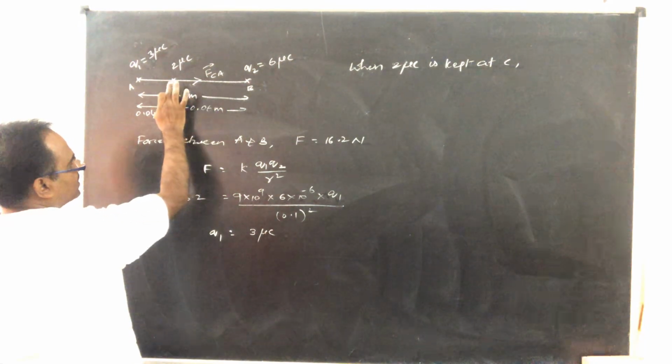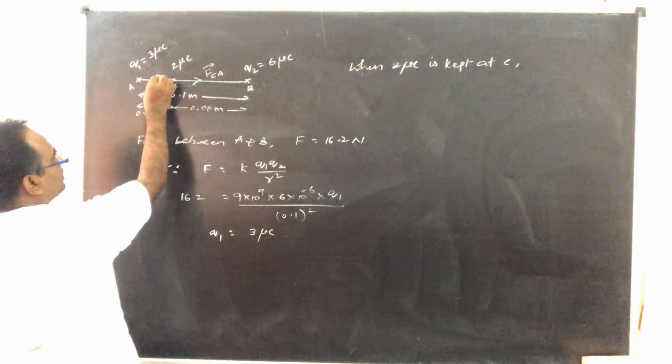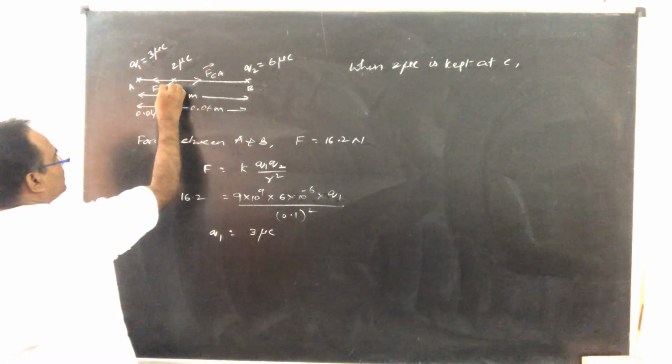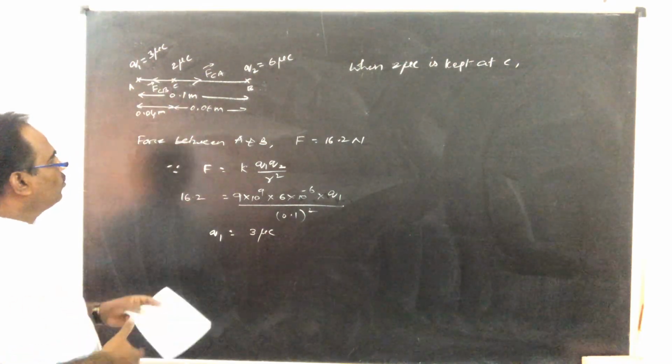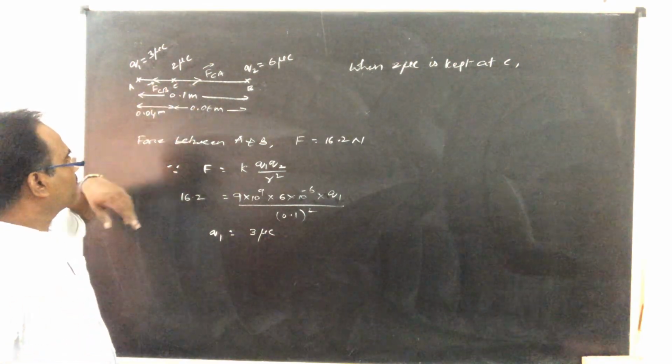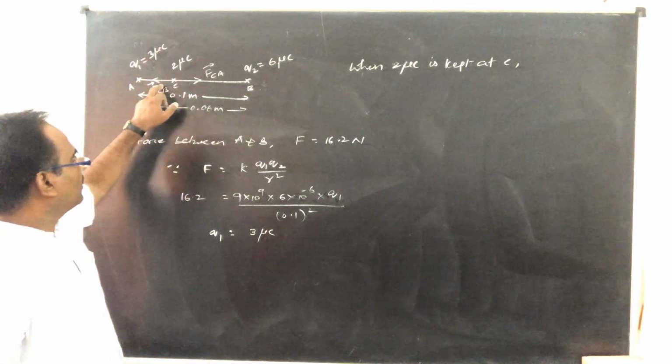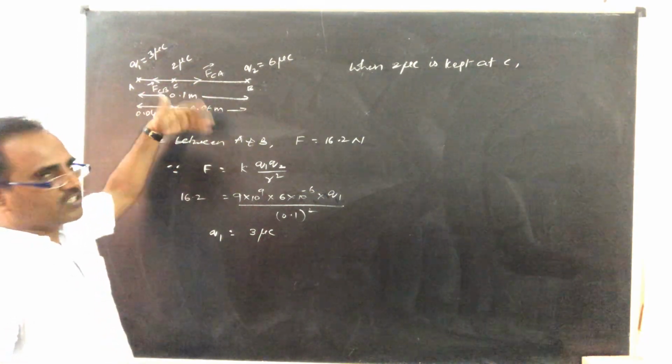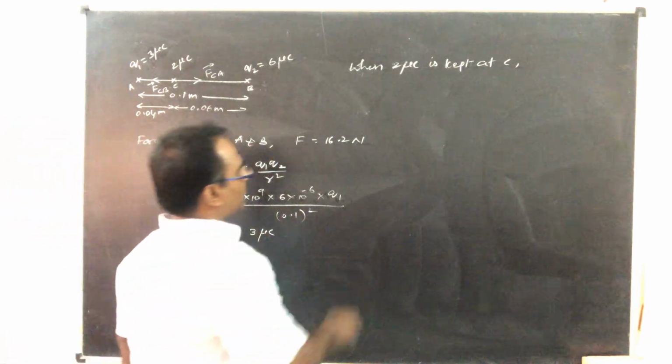Similarly, force on the charge at C due to the charge at B is in the opposite direction. So this is FCB. You find the magnitude of these two forces; as they are in opposite directions, the resultant force will be the difference between these two.